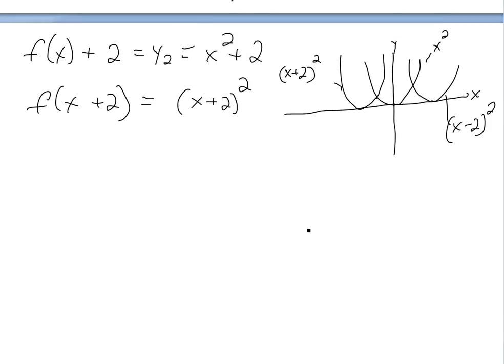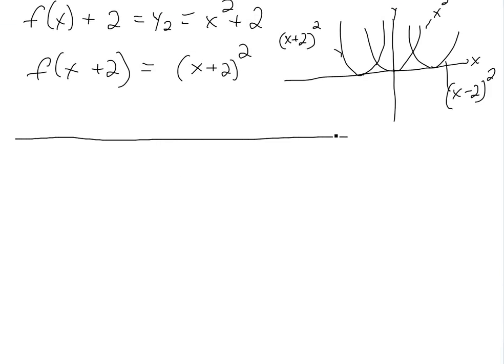So that's one. Let's go to a harder example here. Let's graph x minus 3 squared plus 16. If you look at the basic one, we know that this is a transformation of x squared.